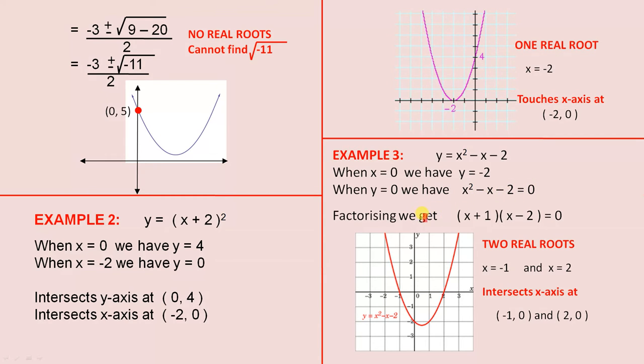Factorising, we get x plus 1 times x minus 2 equals 0. So there are two real roots. One is where x equals minus 1, and the other one is where x equals 2. So it intersects the x-axis at minus 1, 0, and 2, 0. So that's minus 1, 0, and 2, 0, and that's why there are two real roots.